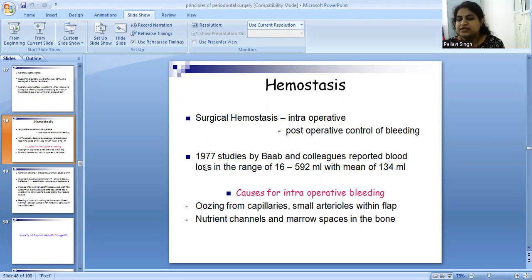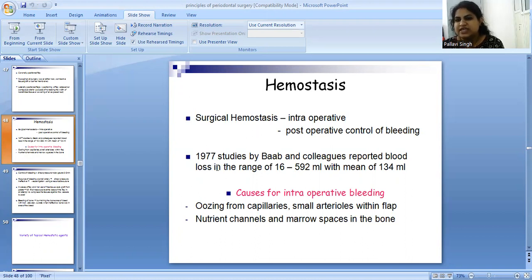Surgical hemostasis is very essential for the success of periodontal surgery. If you cannot control the bleeding, there can be chances of secondary hemorrhage, and there can be chances of infection also.